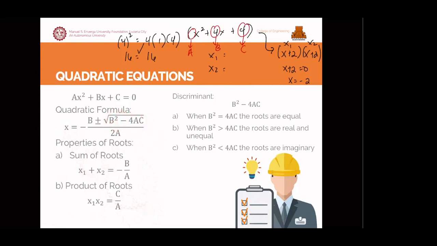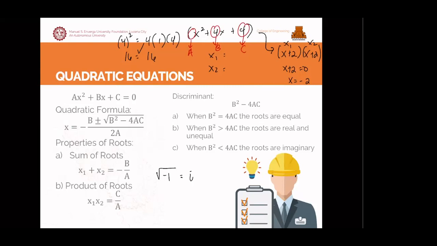And square root of a negative number is an imaginary number. Ang alam natin na ang square root of negative 1 ay equal sa i. Kaya siya imaginary na or non-existent na siya in the real number system.